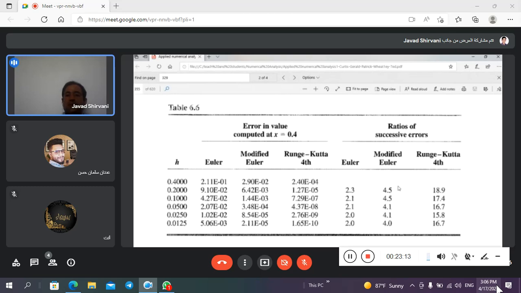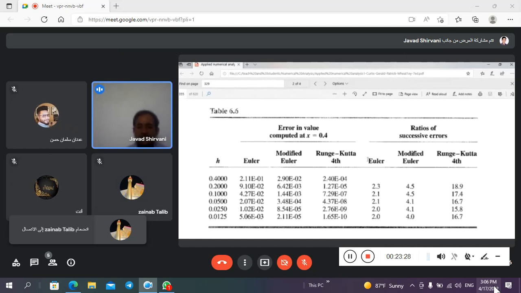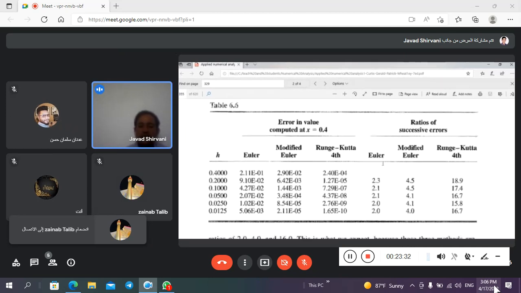the errors compared between the different methods: the Euler one, the modified Euler, the Runge-Kutta of the fourth order, and the different errors. For the Euler, we have different values of error.